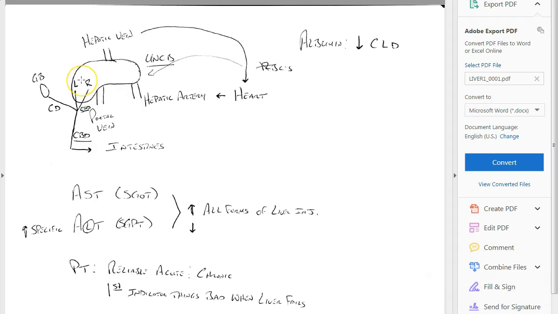So these bad boys find an escape route out of the liver, and they piggyback through the blood to the kidneys, where they are then excreted out through urine, and that's what we look for in a UA, when you see a buildup of bilirubin in the urine. It's because of that. All right.